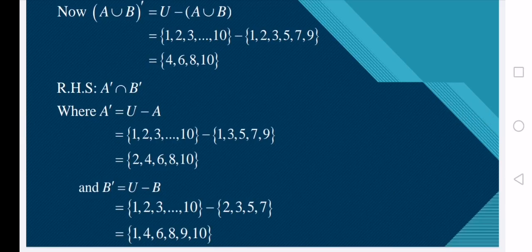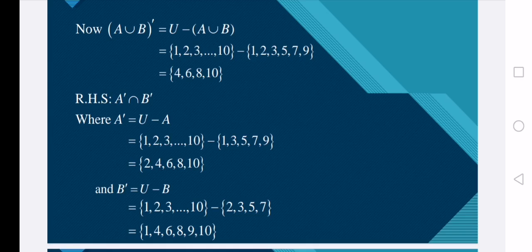Similarly, B complement will be equal to U minus B, that is, we find the difference of U and B. So it is equal to 1, 2, 3 up to 10 minus 2, 3, 5, 7. Similarly, the B complement is 1, 4, 6, 8, 9 and 10.